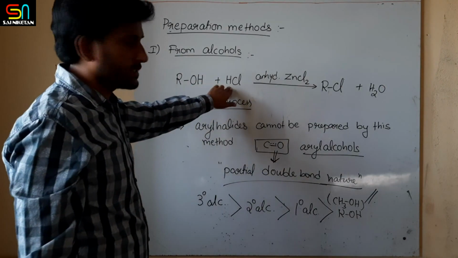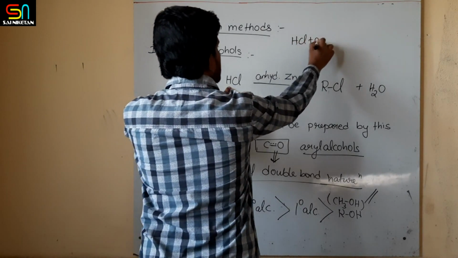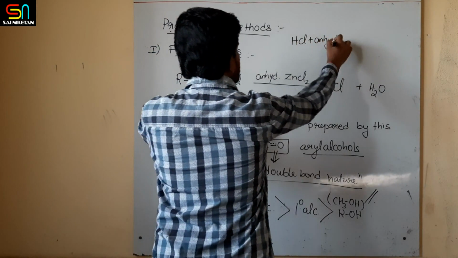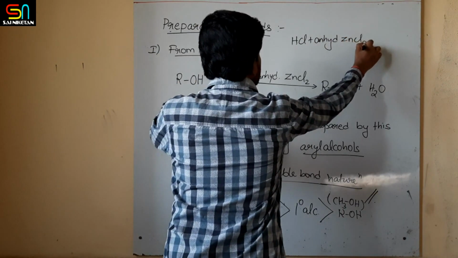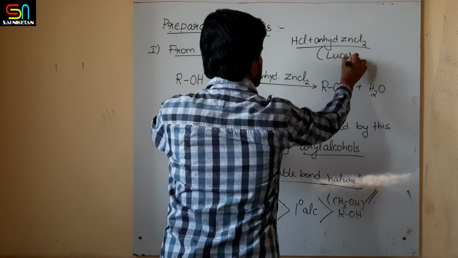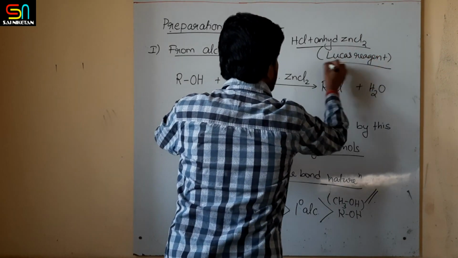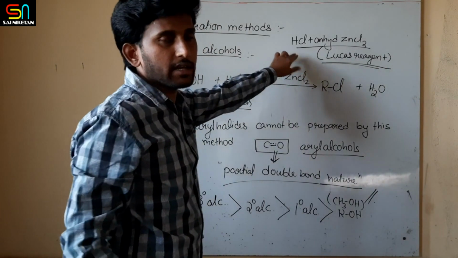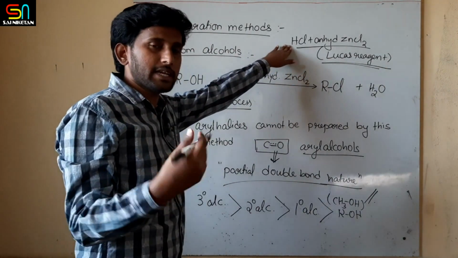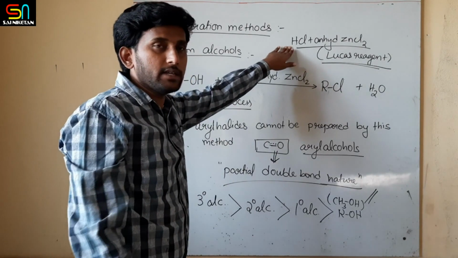And HCl with anhydrous ZnCl2 is also called Lucas reagent. This topic we will read again in the next chapter of organic chemistry, that is alcohols, phenols and ethers.